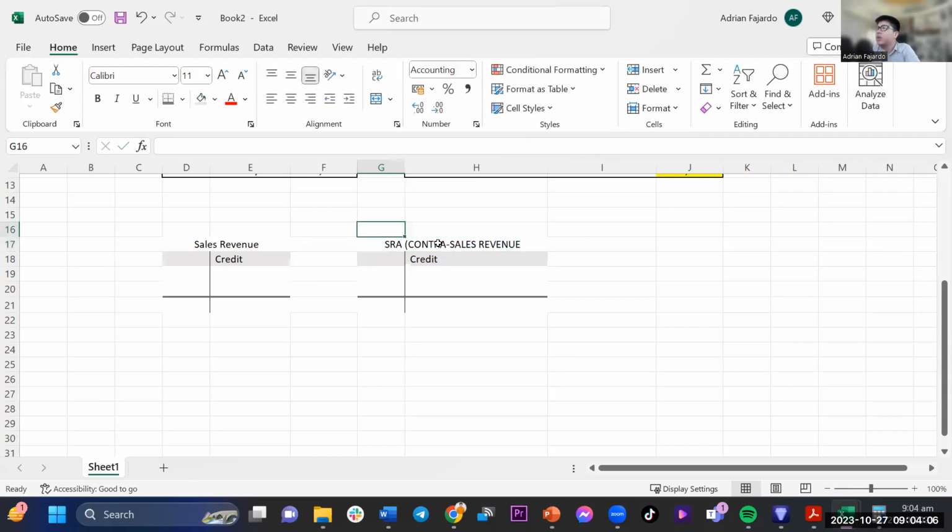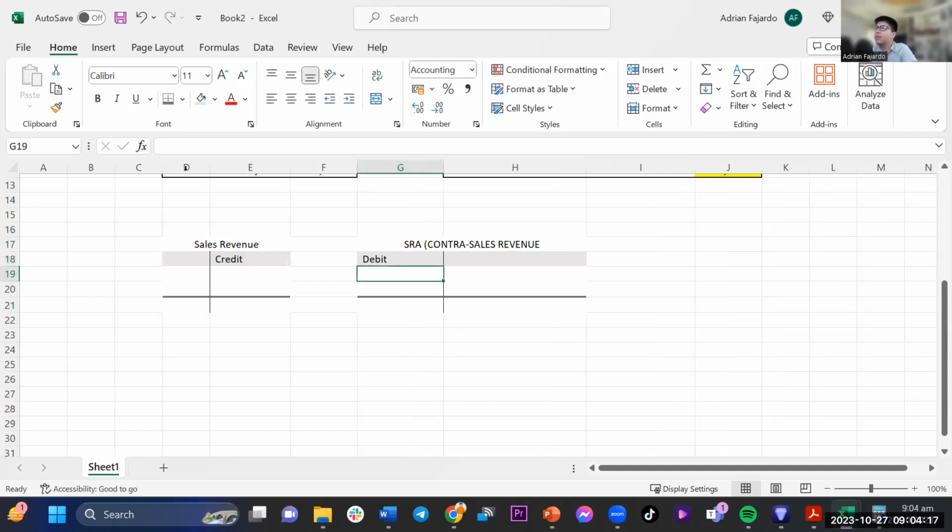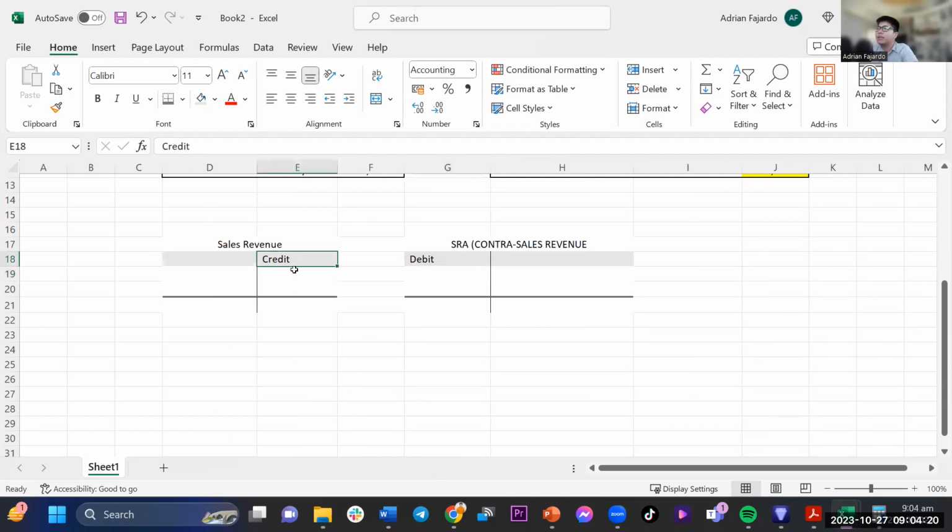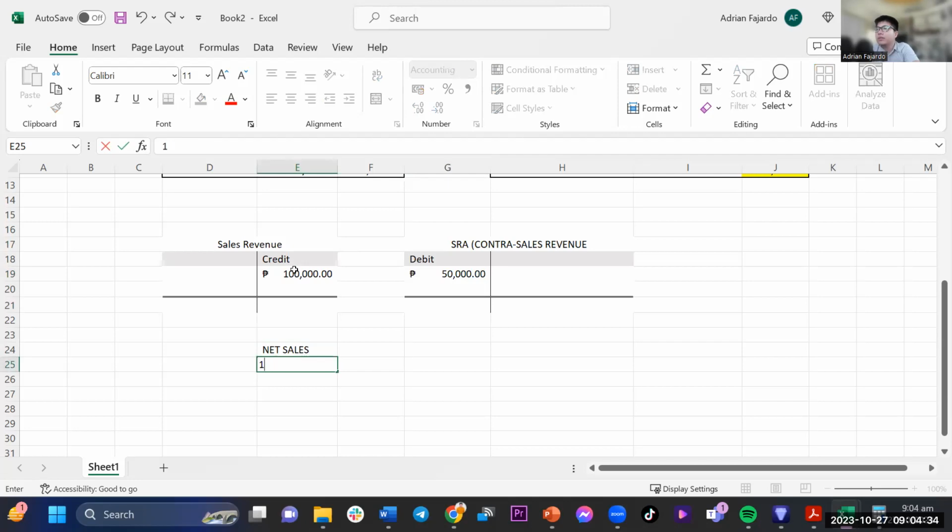And therefore, the normal balance of an SRA is a debit. So, ang mangyayari is, if my sales revenue right now is at 100,000, yung debit ko dito is the 50,000. So if I ask you, how much is your net sales? It's still 100,000 minus the contra revenue account of 50,000. So my net sales will still be 50,000.